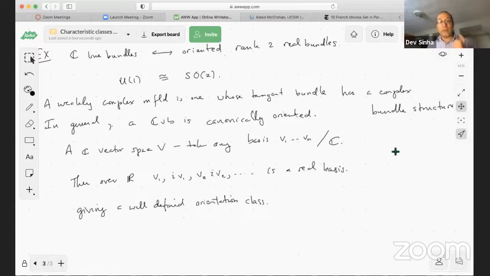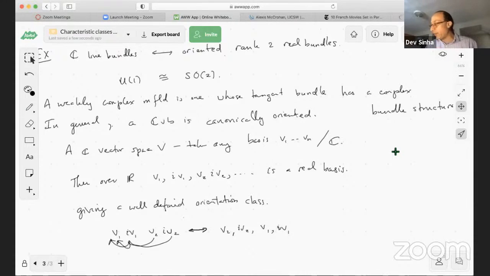But here, if I swap, say, v_1 and v_2, well, under this construction, I'm actually swapping four vectors, v_2, iv_2, v_1, iv_1, and you can check that that's an even permutation. In other words, there are actually four swaps, 1, 2, 3, 4. So this is still in that orientation class, so that should convince you.